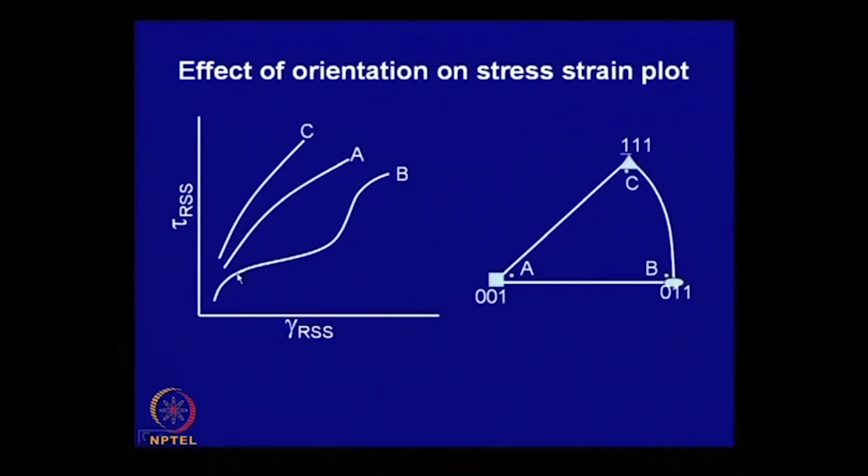So, B has a prominent period of easy glide, and then once it reaches here, slip starts operating on 2 slip systems. So, here you get 3 distinct stages, whereas if it is close to here, with a little rotation it comes here, then it goes like this.